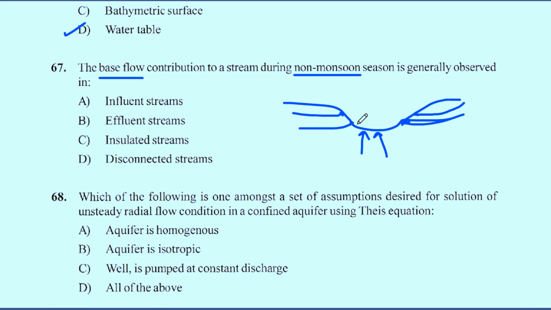We call that effluent. If it is reverse, we call it influent. If water is going down from the river, it gives water to the water table, which is recharging.